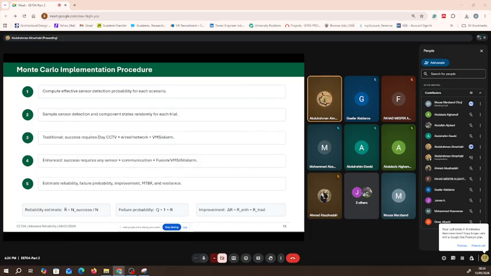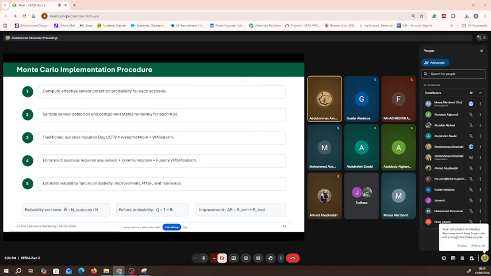The enhanced system's successful trials require at least one of the four sensors to detect the event, successful communication through either wired or wireless communication, and successful operation of the fusion engine, the AI, and the alarm.